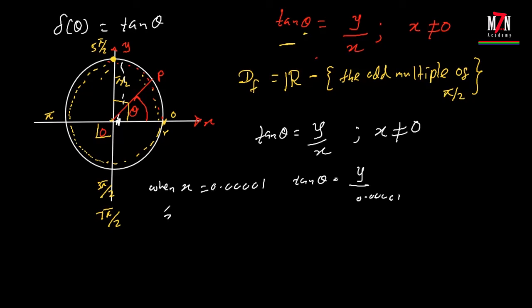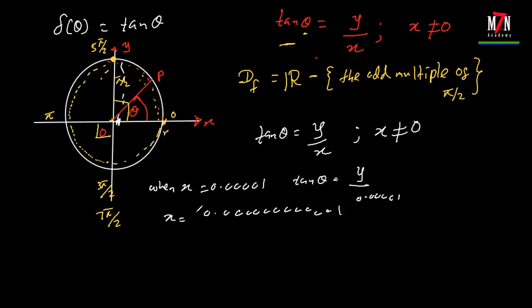So likewise, you can have a value which is close to 0 but not equal to 0. That means you can increase the decimal places like this, then you can have a huge, big value for tan theta.